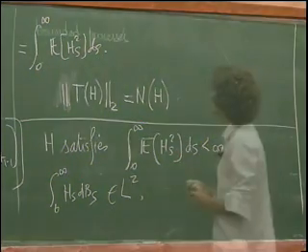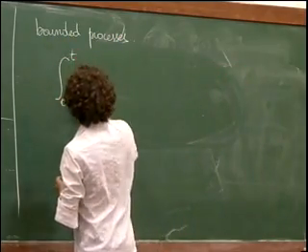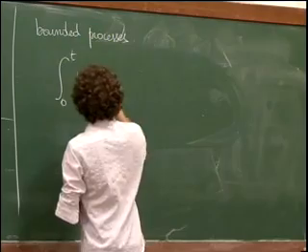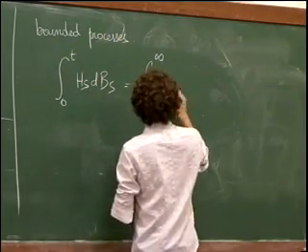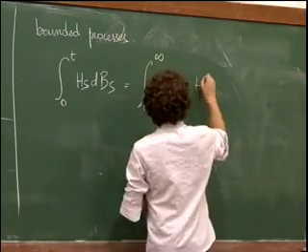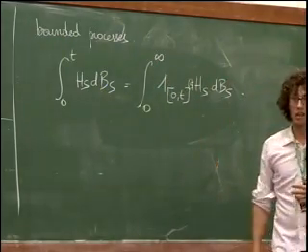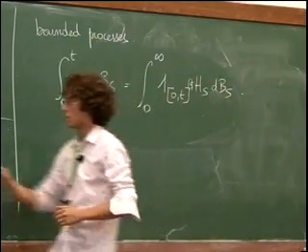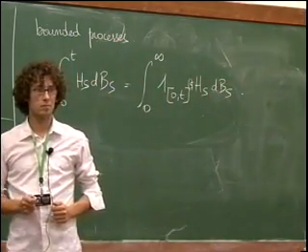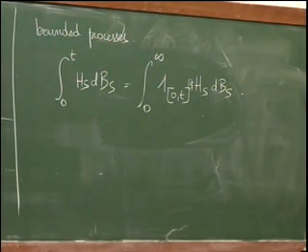But first, let's consider bounded processes, and I will define the integral between 0 and t of a process to be the integral between 0 and infinity of the indicator times h of s. And this is well defined because this obviously satisfies this. Okay? So now I have an integral with respect to Brownian motion for any bounded adapted process.